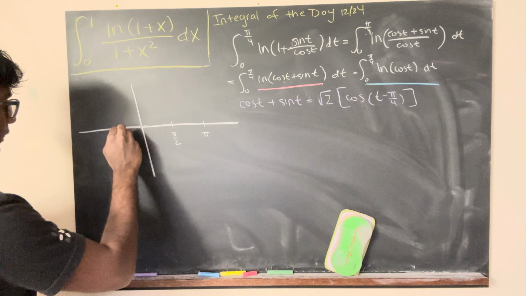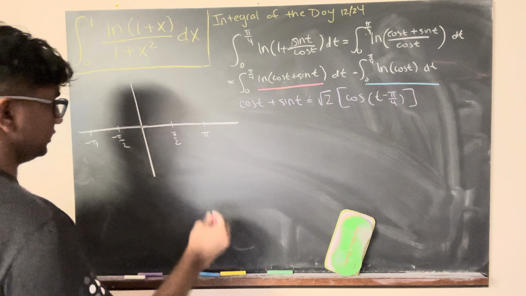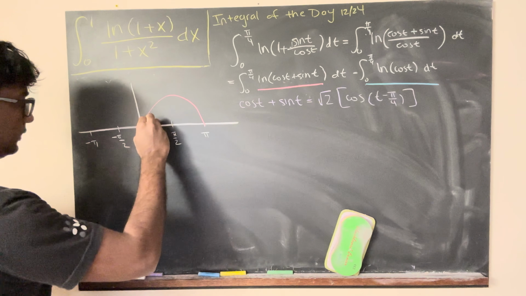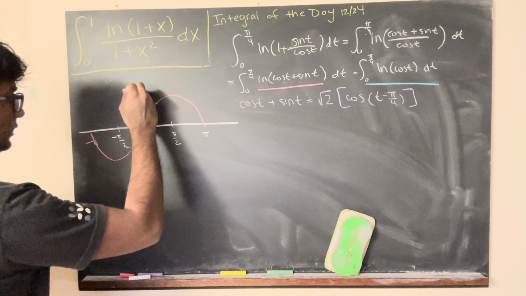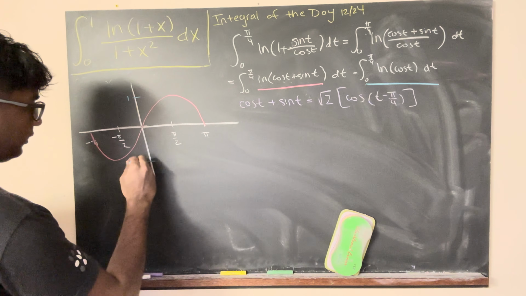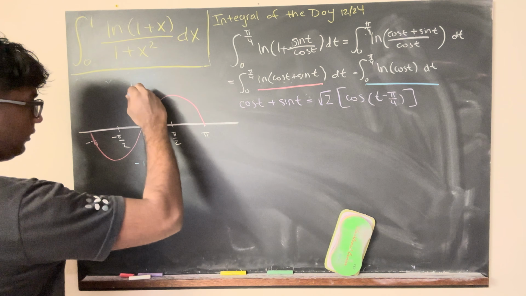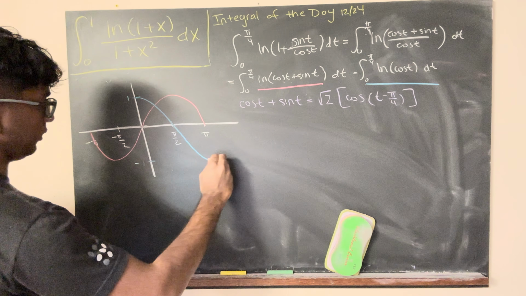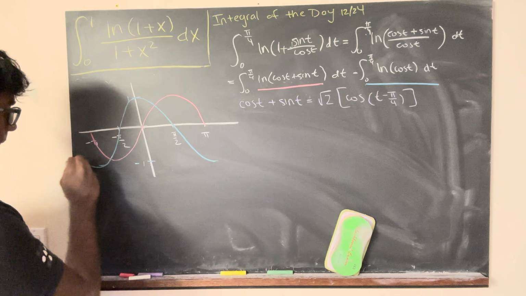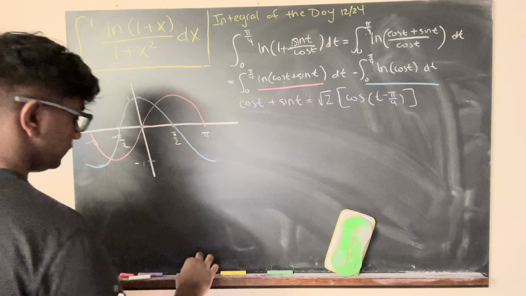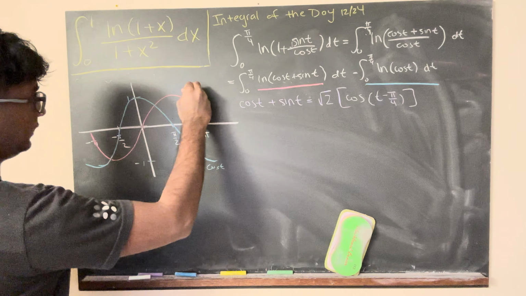Sine of x is going to come up like this, and cosine x is going to start at 1. Blue is cosine t, red is sine t.